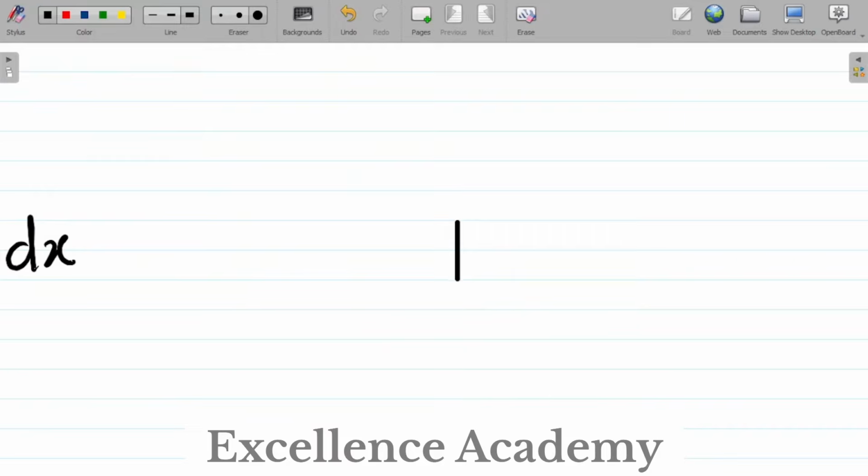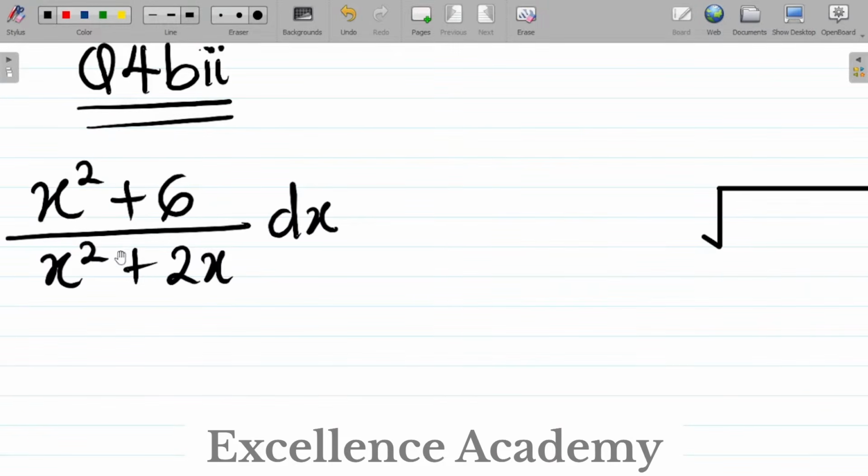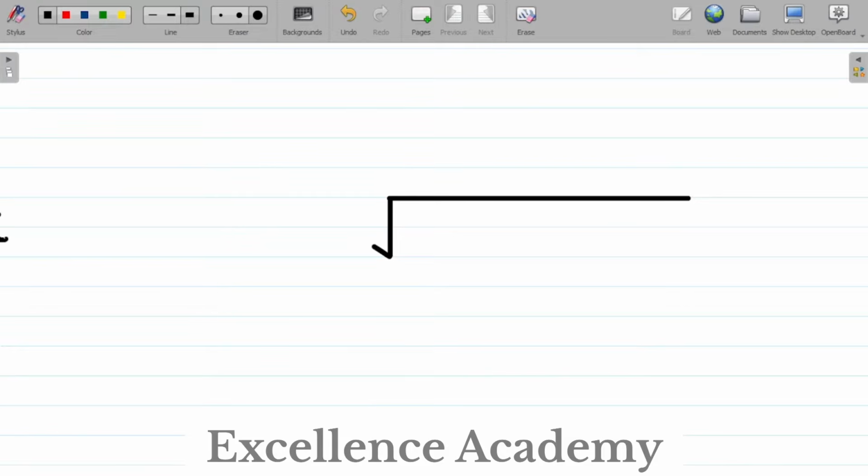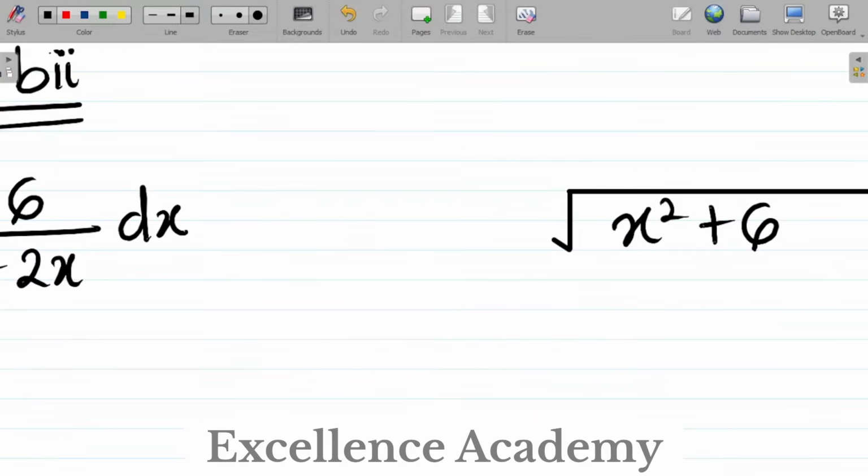So I can reduce them. Inside the division symbol, I'll write my numerator, x squared plus 6. Outside, I'll write the denominator, x squared plus 2x.